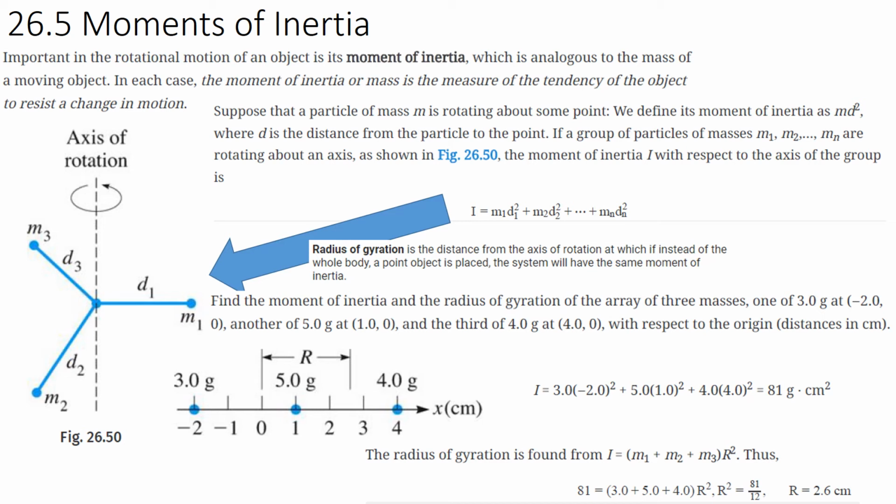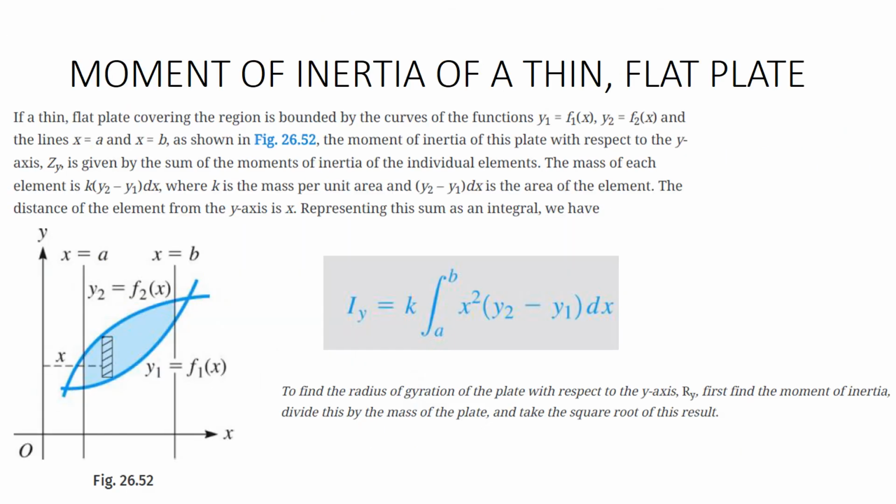But of course, since this is a chapter about integrals, we're going to want to find it not for individual masses, but for thin plates and solids. So let's start with the thin plate.